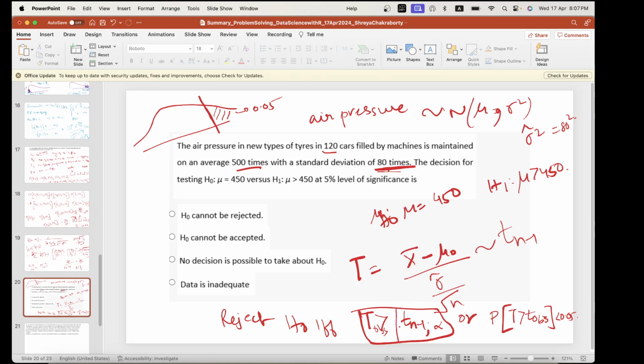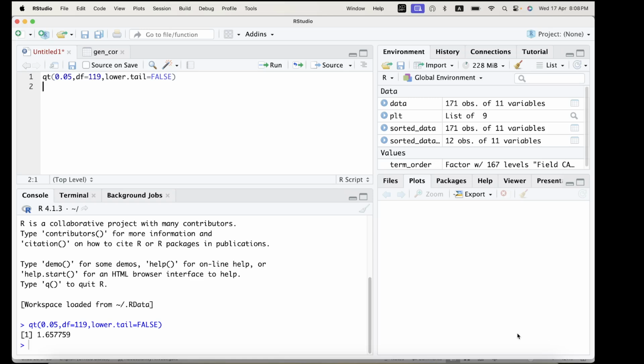This point t n minus 1, alpha is actually 1.65. And what is your t observed? That is actually 500 minus 450 divided by 80 by square root of 120.